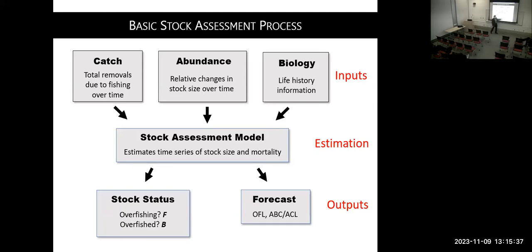Now, the forecast will give you what we call OFL, the overfishing limit in the U.S. That's by law, you have to set up an OFL. That is the highest fishing mortality you can have. If it's higher than that, your fishery will be declared to have overfishing occurred. So that's the OFL, basically a limit that you can have.